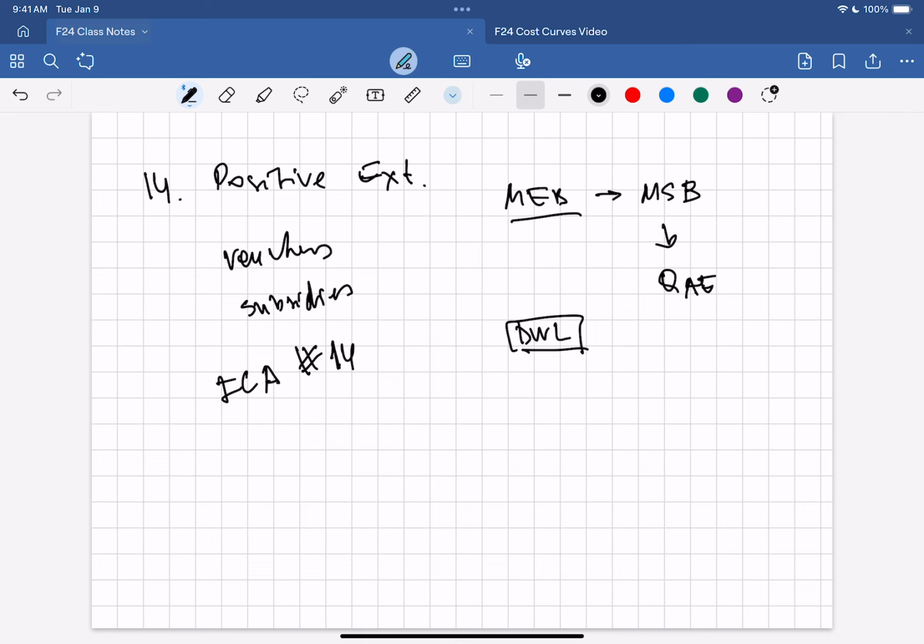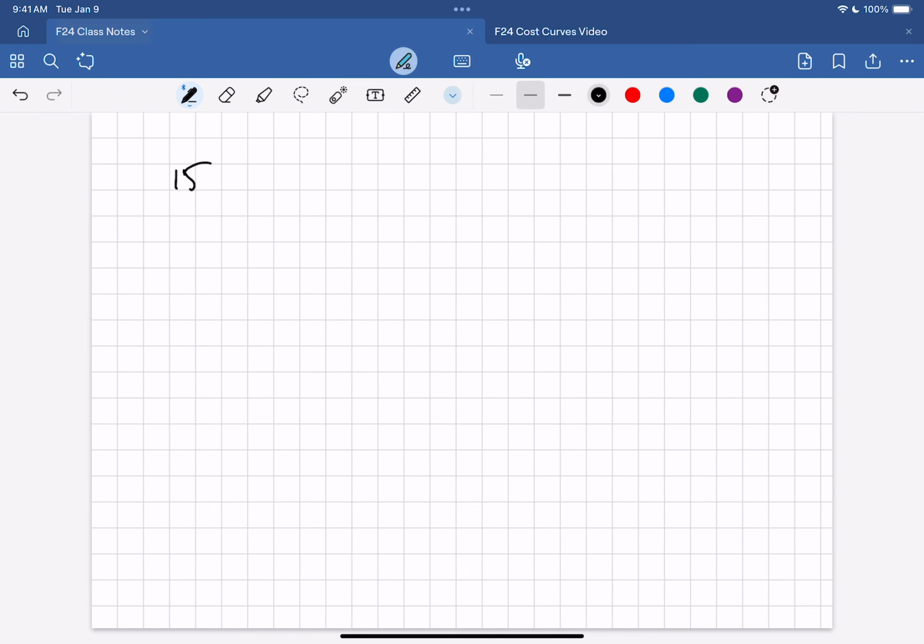All right, so 15, these were public goods, and here you have to recall terms like rivalry and excludability.